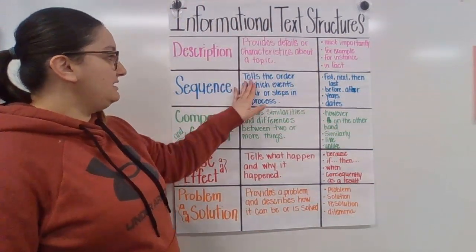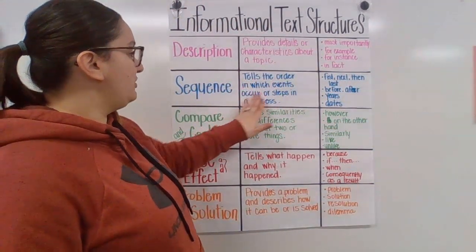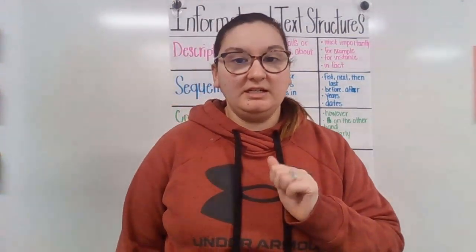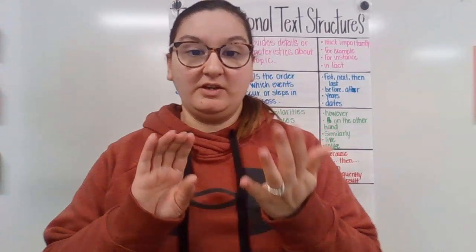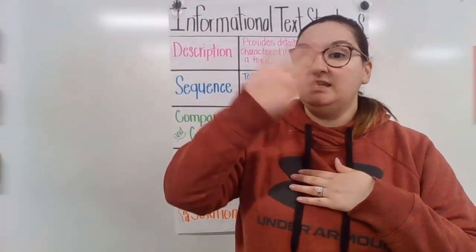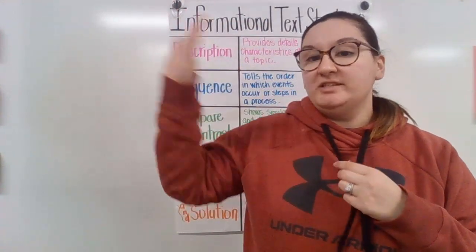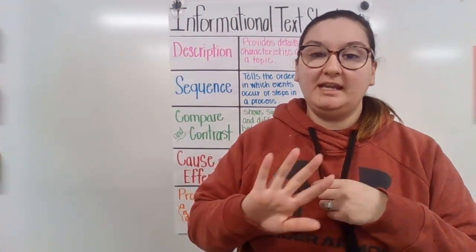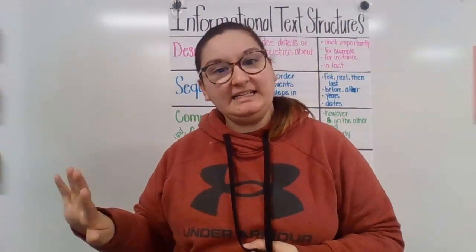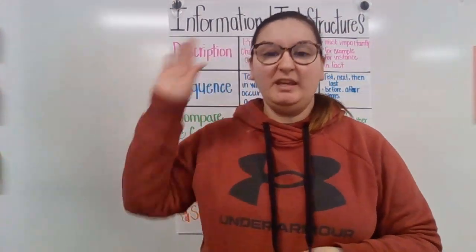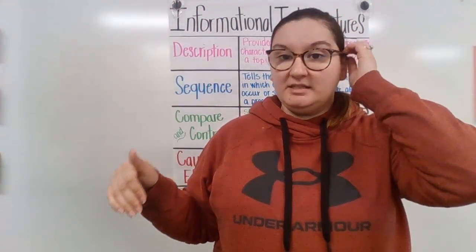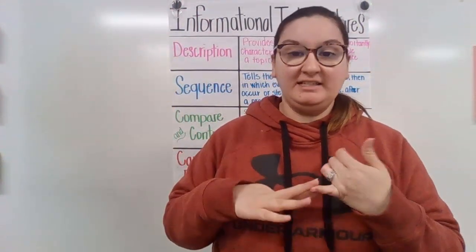Sequence. This tells the order in which events occur or steps in a process. So anytime you're reading something about a person and they're going over a person's life and giving you dates, like in 1980, he was born. In 1989, he graduated college. In 1990, he got married. So anything that's listing dates and going over someone's life is sequence.